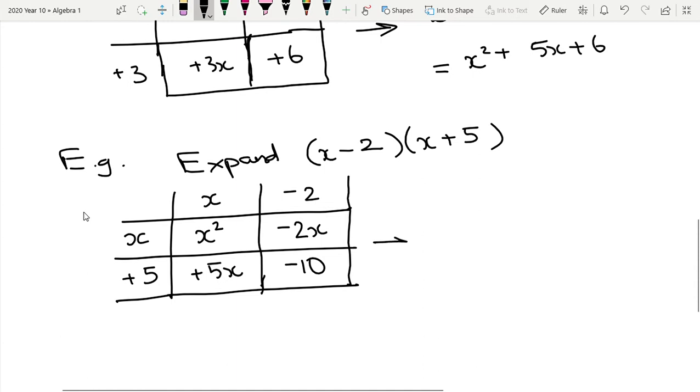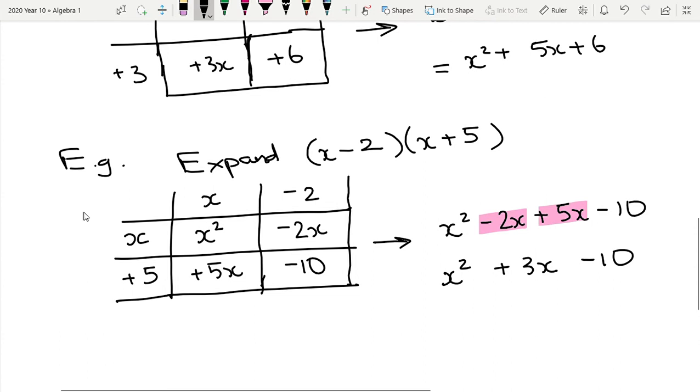So overall, you're going to have x squared minus 2x plus 5x minus 10. There's no more x squared, so leave x squared here. Now I'm going to highlight minus 2x and plus 5x because I can put them together. If I put them together, minus 2x plus 5x is plus 3x, and minus 10 is just by itself.